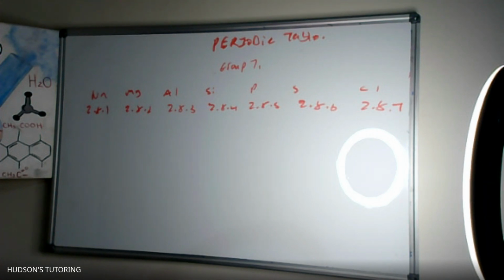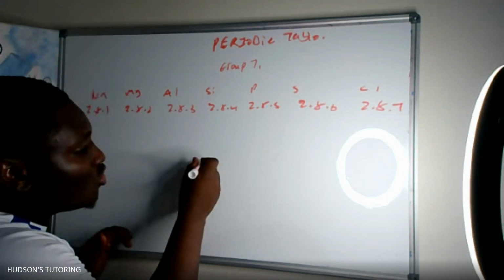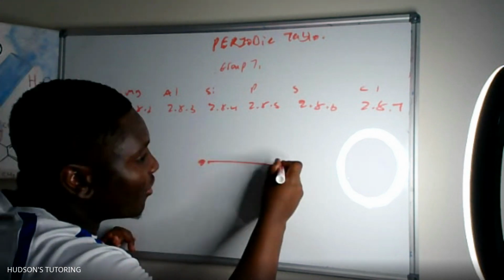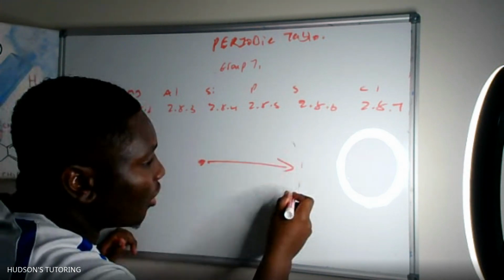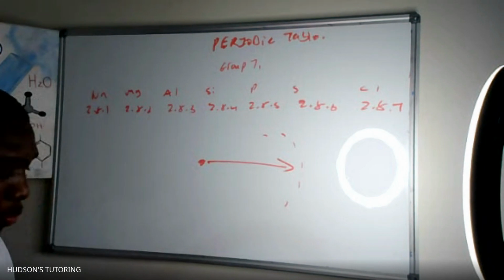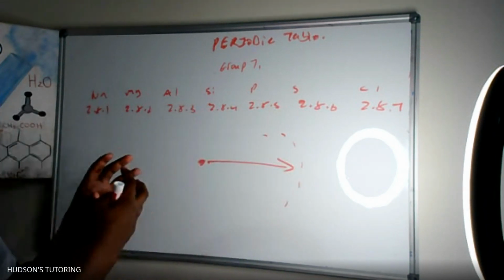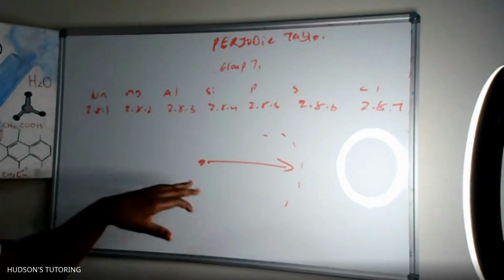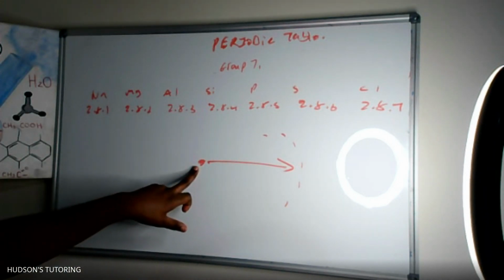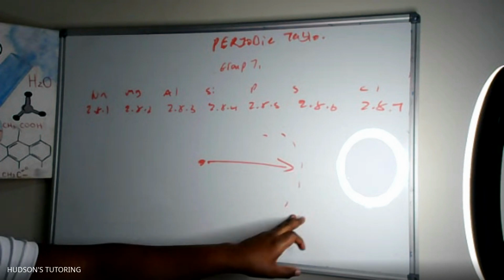Why does it decrease? It decreases because the nucleus, with an increase in the number of electrons on the outer shell, will have a greater electrostatic force of attraction to pull electrons to itself. Think about it: the nucleus being the north pole of a magnet and the electrons the south pole.